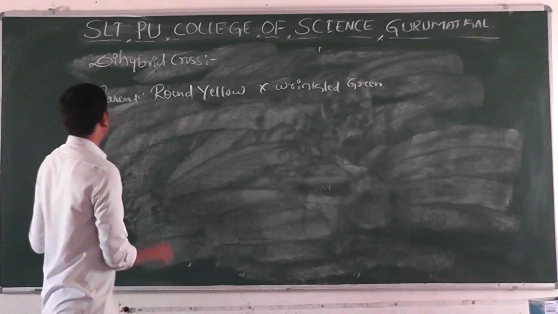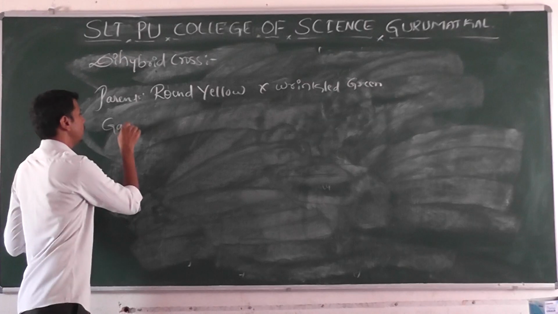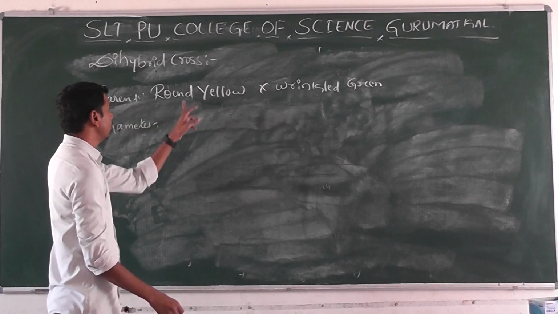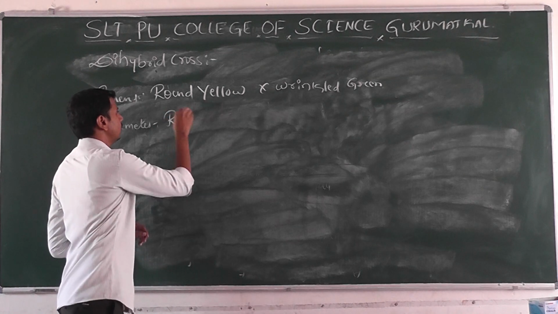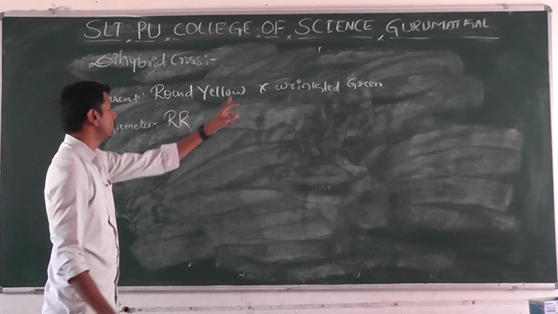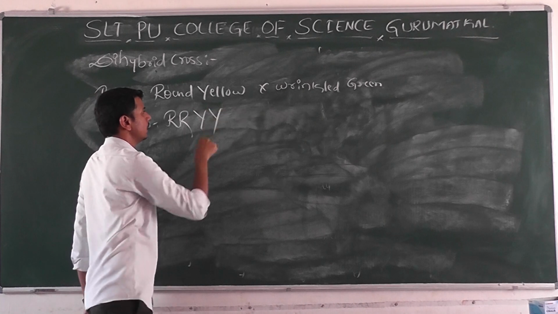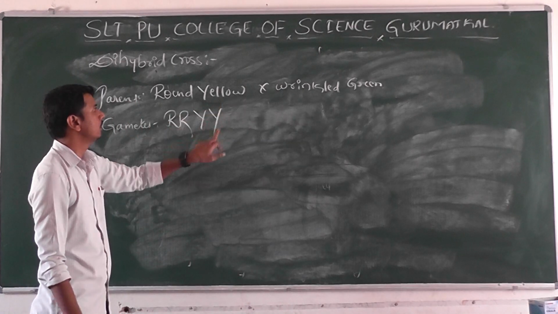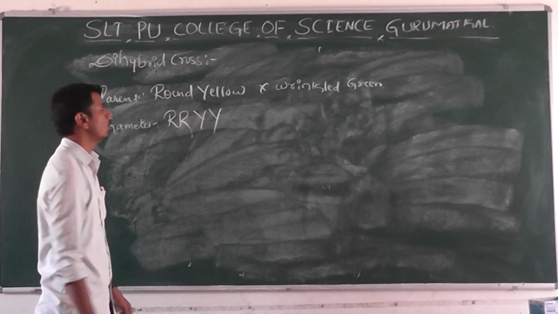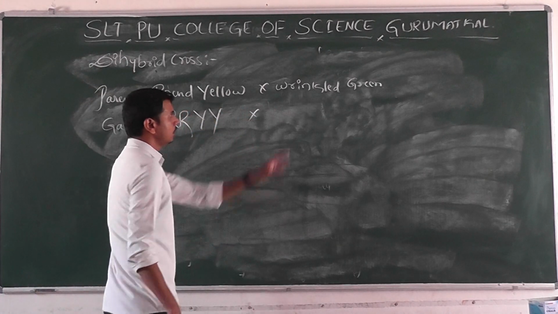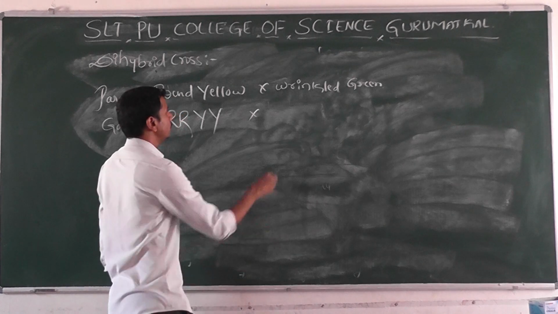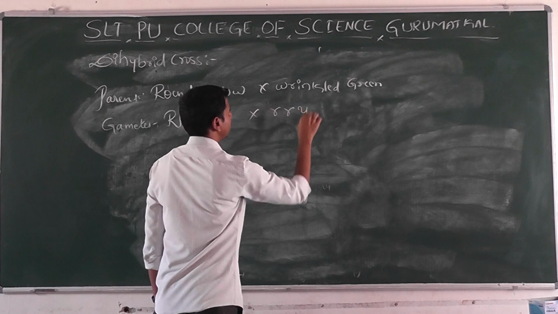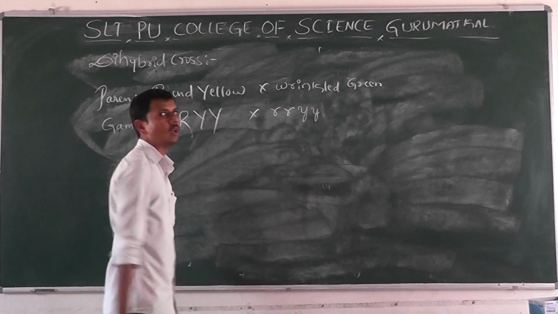Okay, so the gametes here we are going to take. For the round, capital R, and for the yellow, capital Y. Then for the wrinkled green we are going to get small r, and for the green, small y.